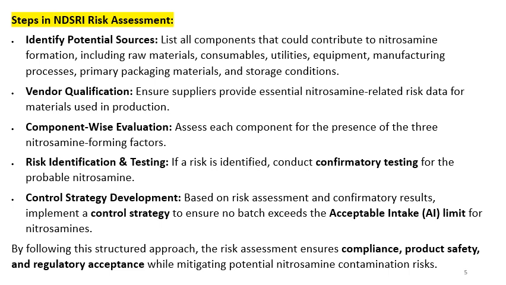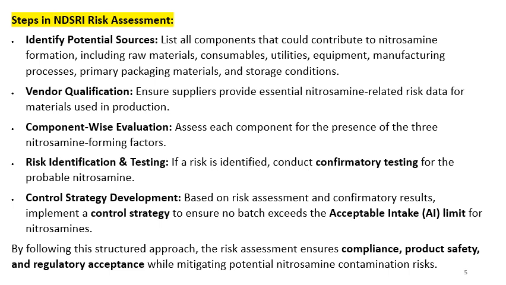Risk identification and testing. If the risk is identified, then confirmatory testing is required so that we can test and confirm the probable nitrosamine. Control strategy development is based on the risk assessment and confirmatory results. If you have positive results, there will be a risk and a control strategy should be there.